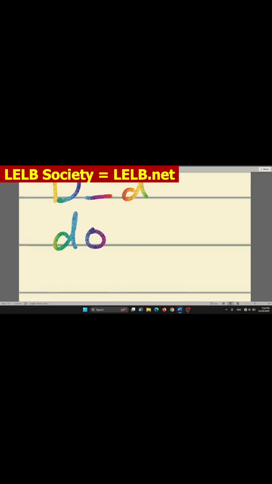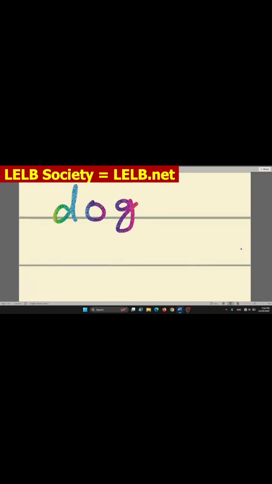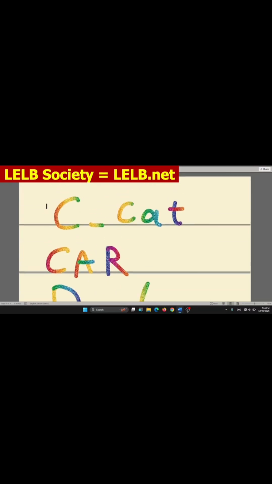Hop, hop, hop. You know, it barks. Dog with all capital letters. D-O-G, capital D-O-G.